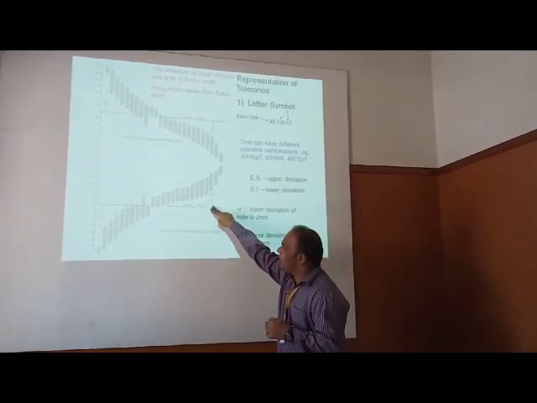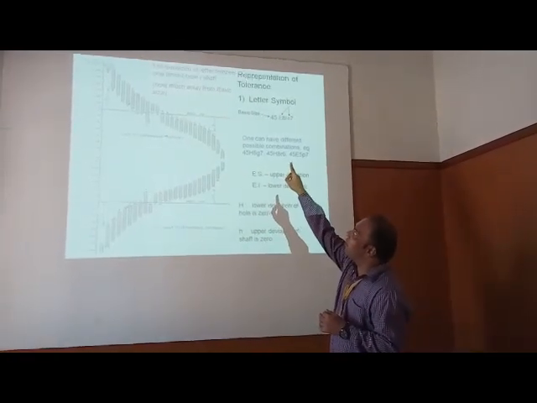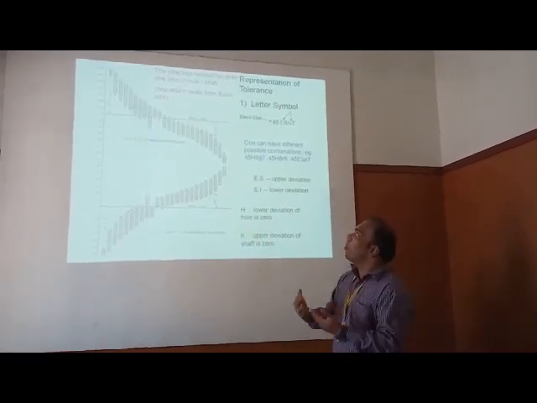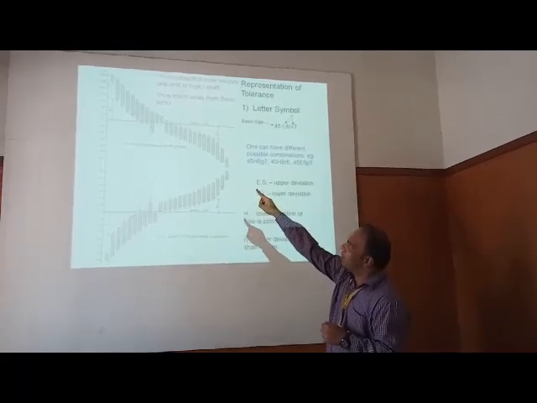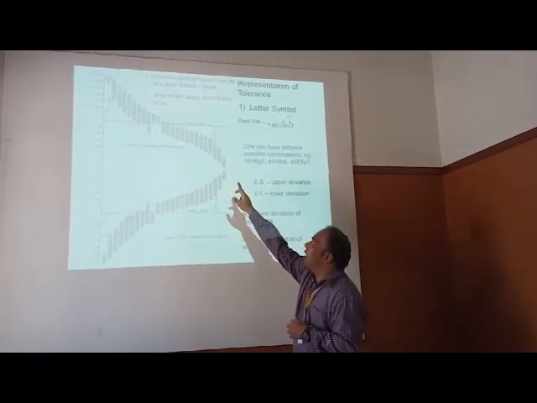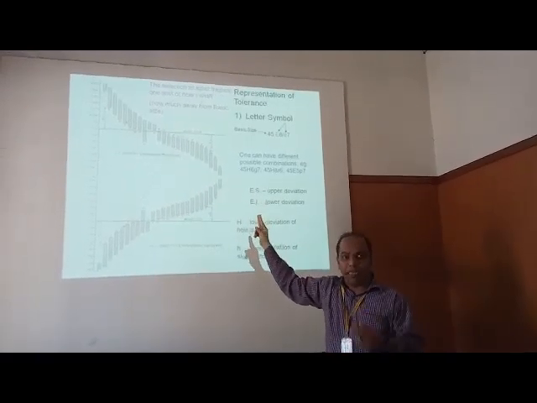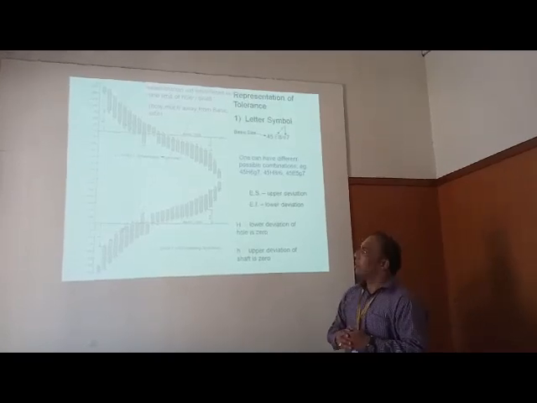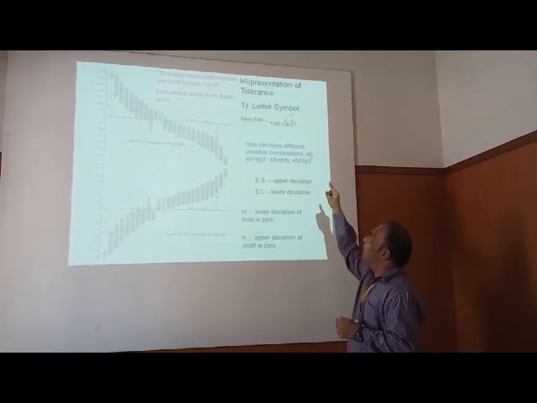This is the basic size shaft, that is the enveloping surfaces, and the selection of a letter freezes one limit of the hole or shaft, that is, how far it is from its basic size. So it has been given by A, B, C, D, E, F, G, H, I, J, K, and up to Z, where the next is ZA, ZB, and ZC. Now, the letter symbols are represented as the basic size having 45 E8 or E7.